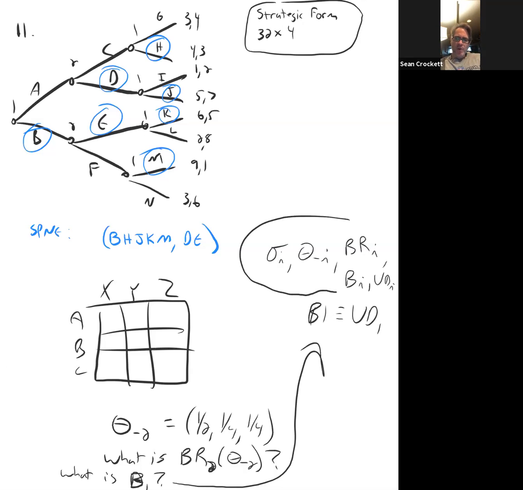So I think that's pretty much all the notation. So if I throw just BRI and a theta minus I, I'll expect that you know what those mean. And maybe there would be, if there's 20 questions, that's probably a good guess. 20 questions on the final.